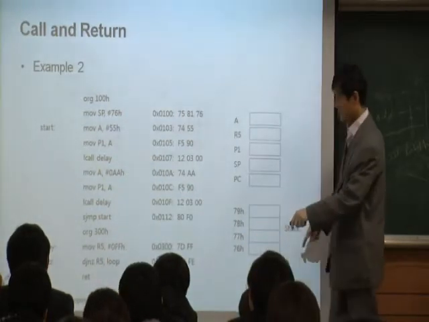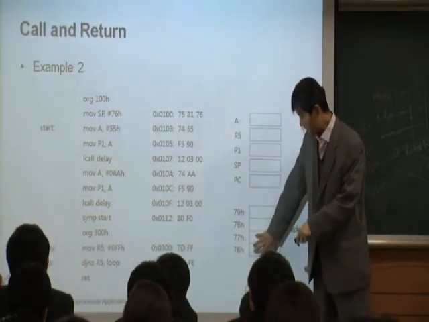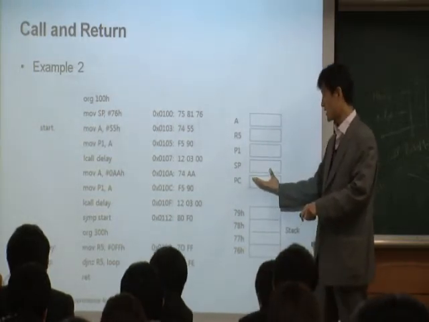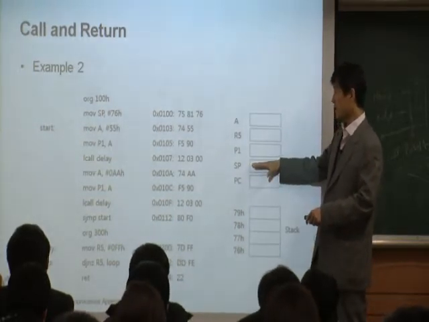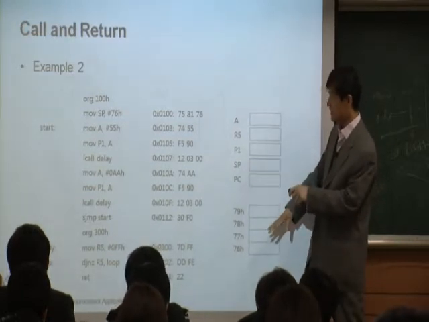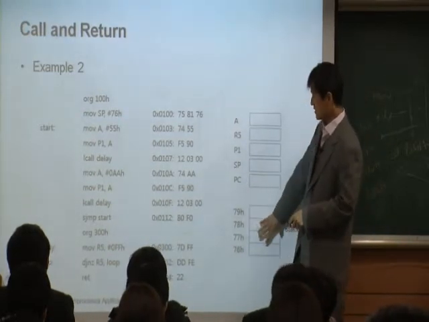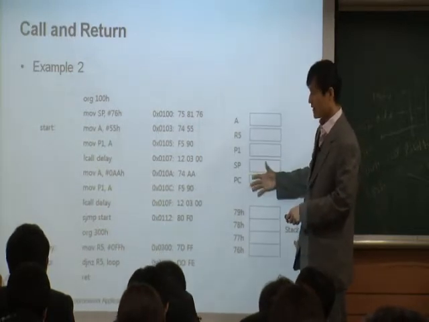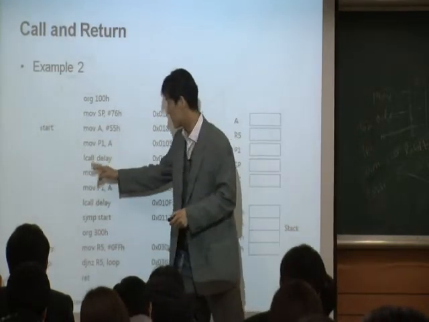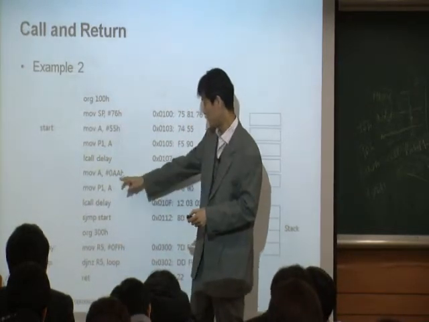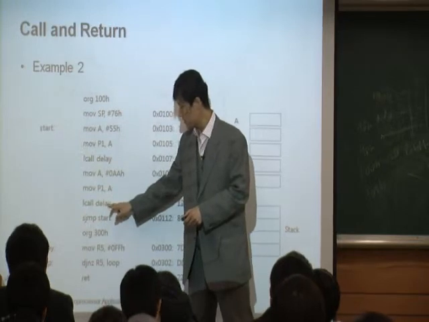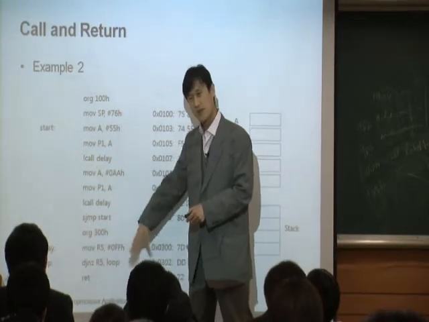Whenever you have return, now you are copying this 10A back to the program counter, and stack pointer is now decremented back to 76. So once this value 10A copies to program counter, that basically means that you are jumping back to 10A, and keep moving. And when you have a second call, second subroutine, the same thing happens again.